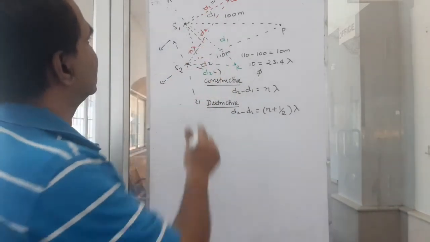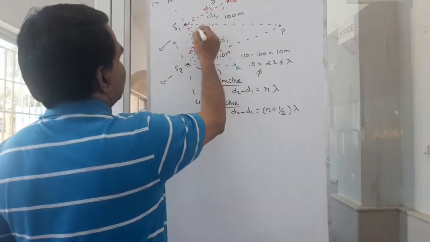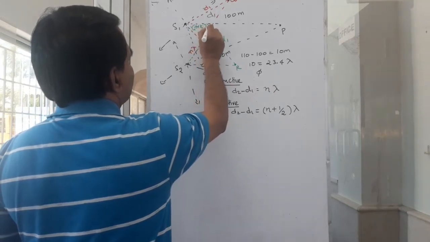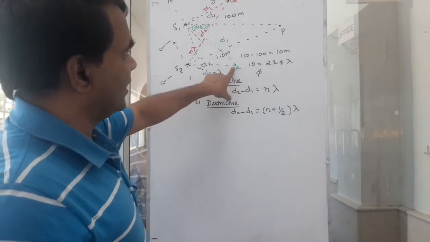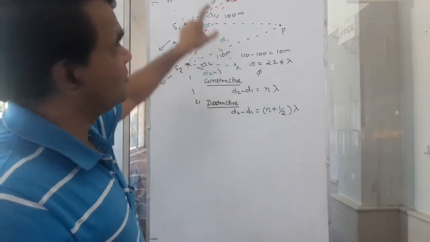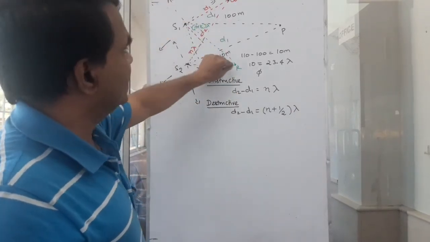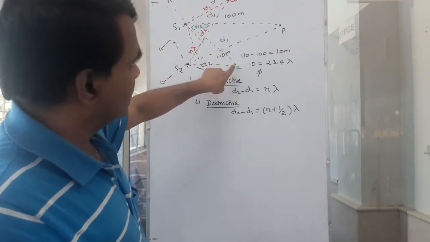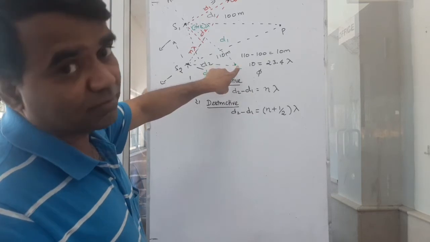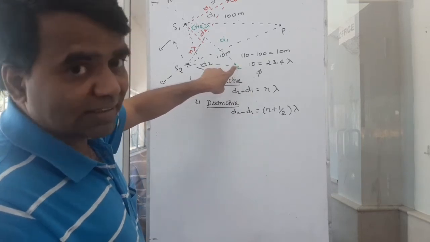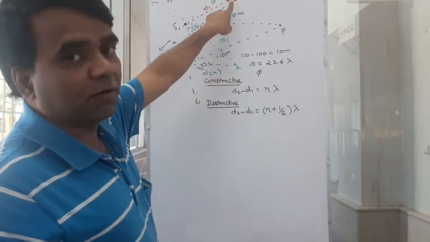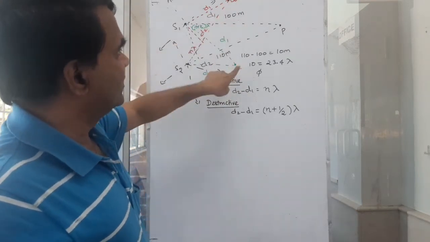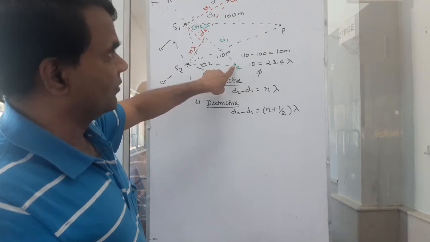So depending on what you have, suppose you have n plus half lambda here, then I am going to have destructive interference here. Assuming that both the amplitudes are the same, then they will exactly cancel. So I will find a darkness, a black spot at this point. There will be no light. Here I will find a white spot, and here a black spot, because this is constructive interference and this is destructive interference.